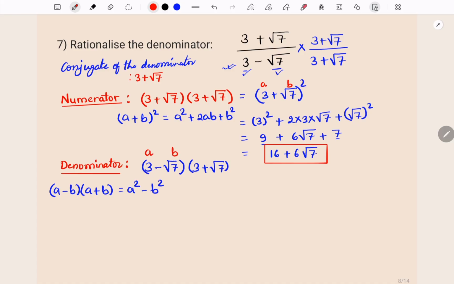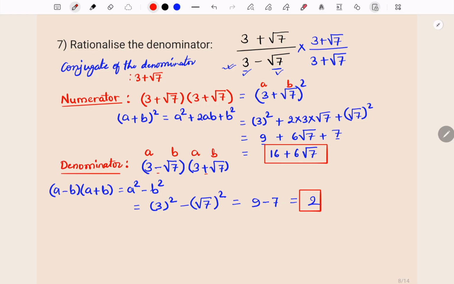So we had a minus b and here we have a plus b. So if we use this algebraic identity, I can rewrite it as a squared, that is 3 squared in our case, and minus b squared, that is root 7 squared. 3 squared is 9 and root 7 squared is 7. So 9 minus 7 is 2. So here we have the denominator.